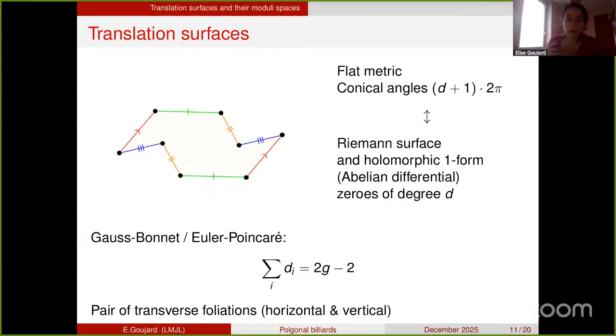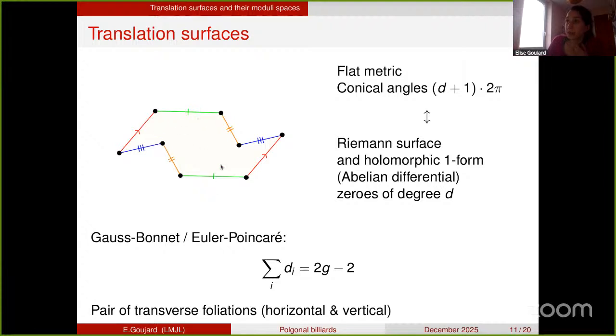There are many ways to think of these objects. You can think of them as polygons glued by translation, but you can also see that they inherit from the plane a flat metric, the Euclidean metric. Everywhere inside the polygon, you get just the Euclidean metric of the plane.